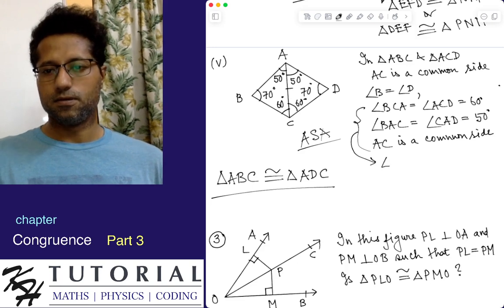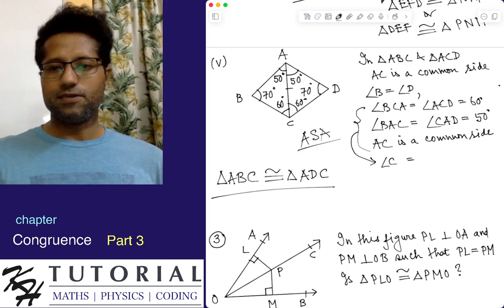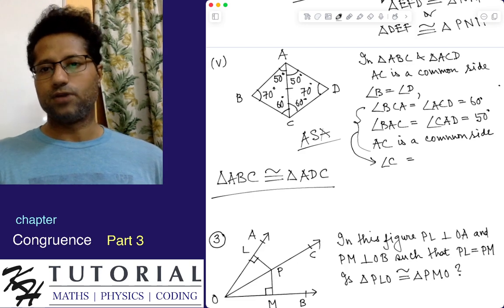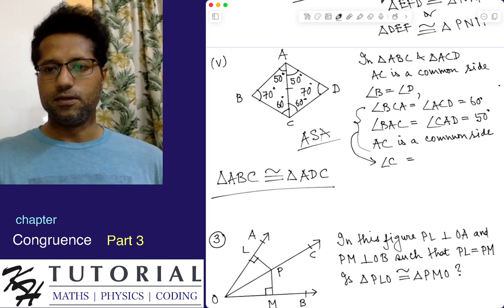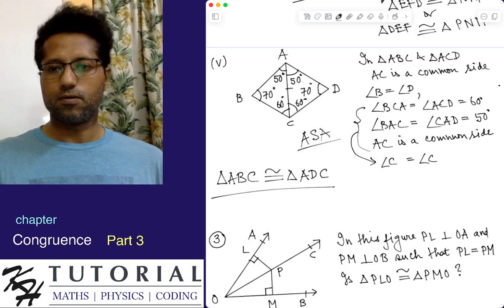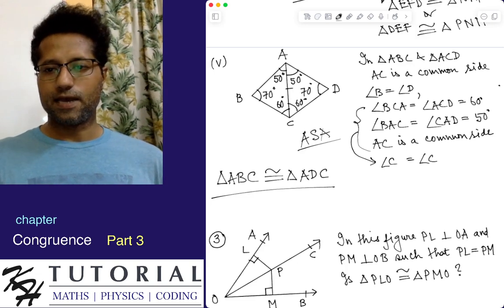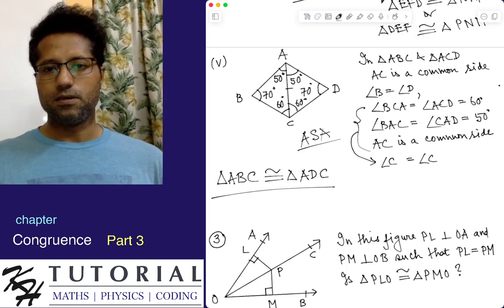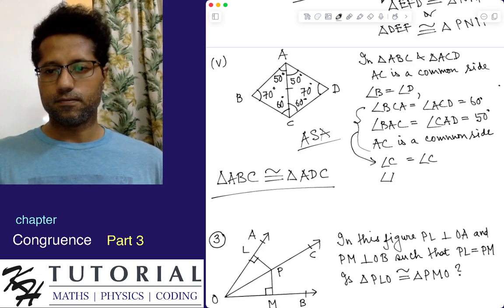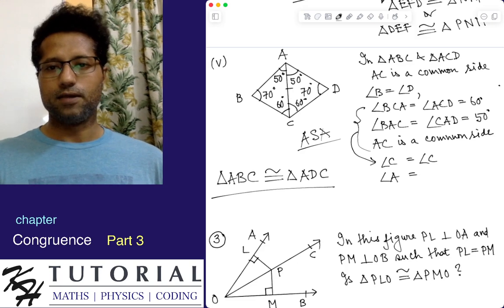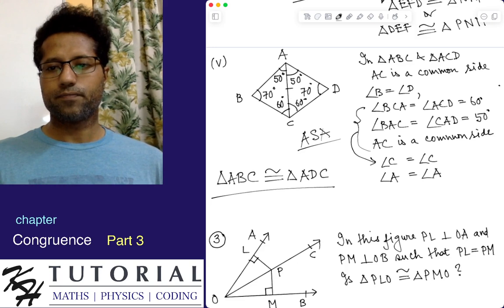It is angle C. What is angle ACD in triangle ACD? It is angle C. Okay. Now, what is angle BAC in triangle ABC? It is angle A. What is angle CAD in triangle ACD? It is angle A.